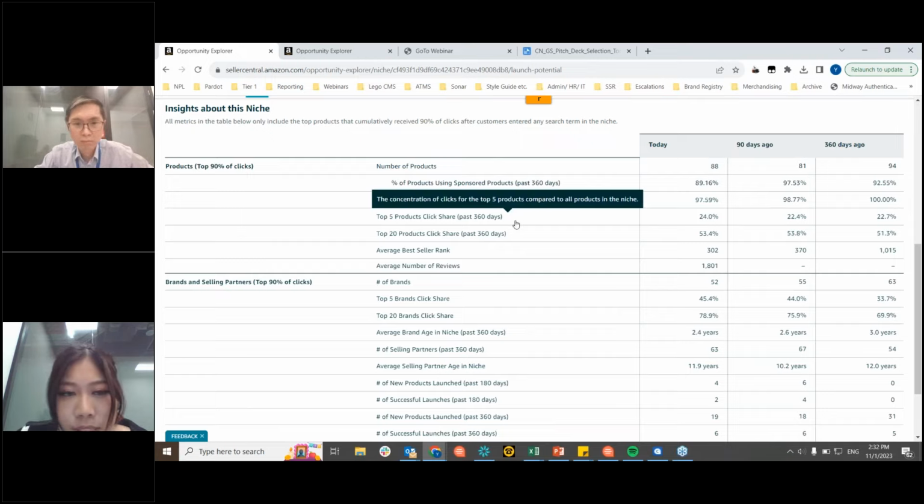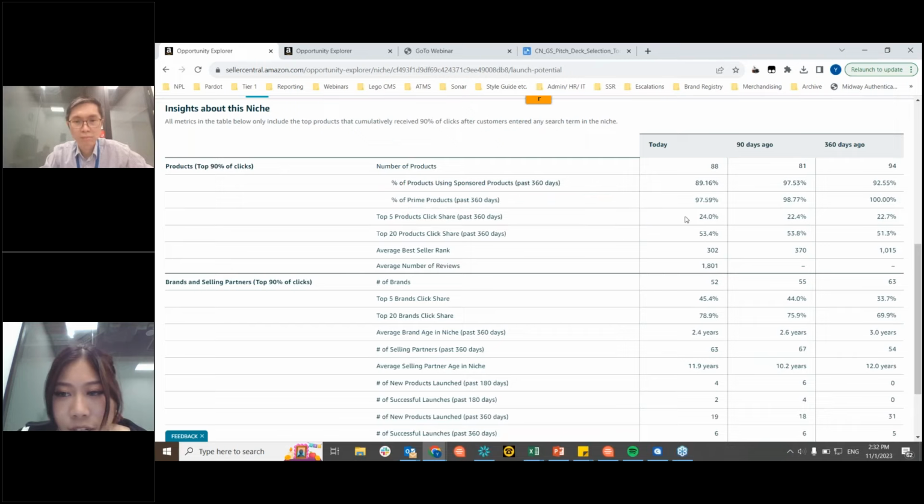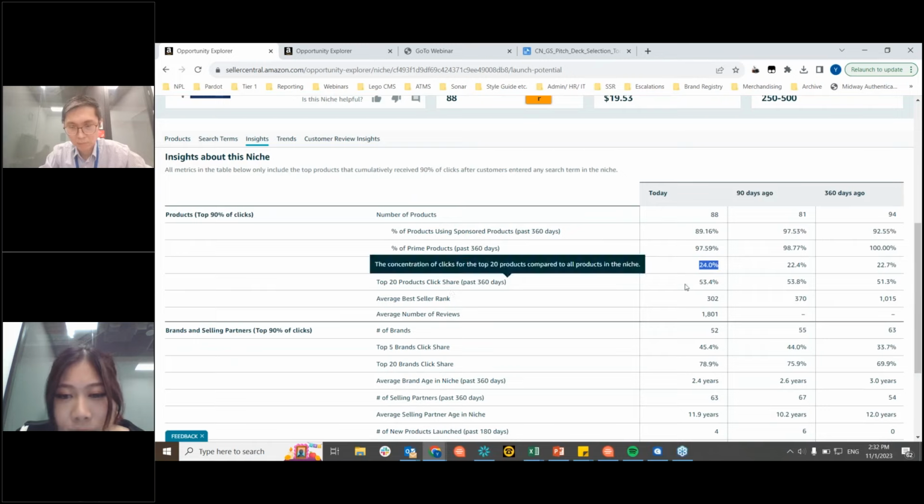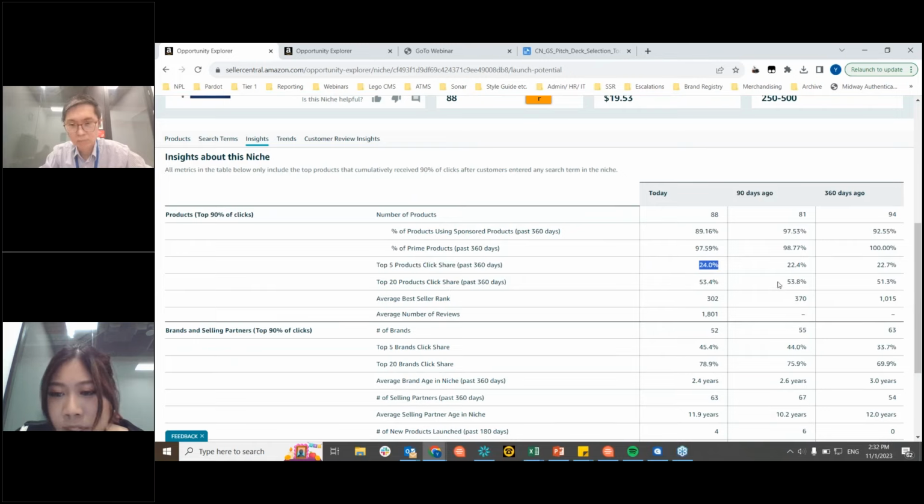So number three is the top 5 product click share, which is 20%. That means the top products are not actually taking hold of the whole market share of solar wind chimes. That means there are still opportunities. Top 20 product click share is also 50%. It's actually pretty good.